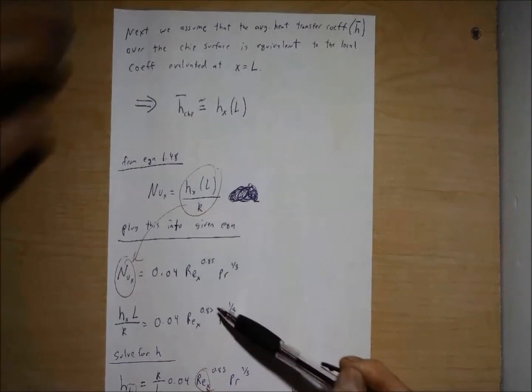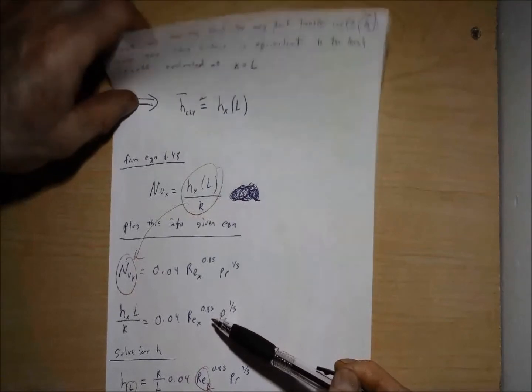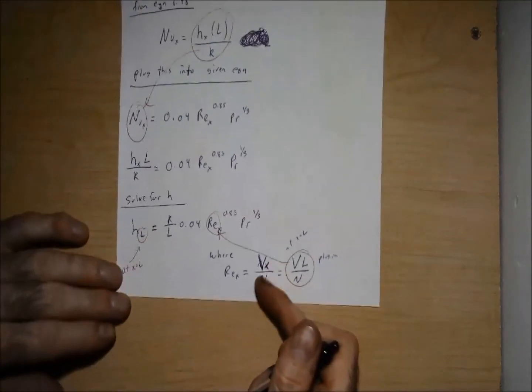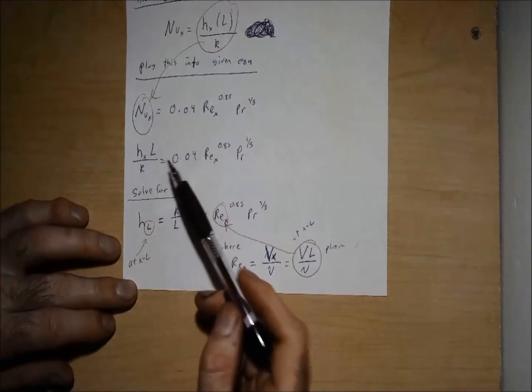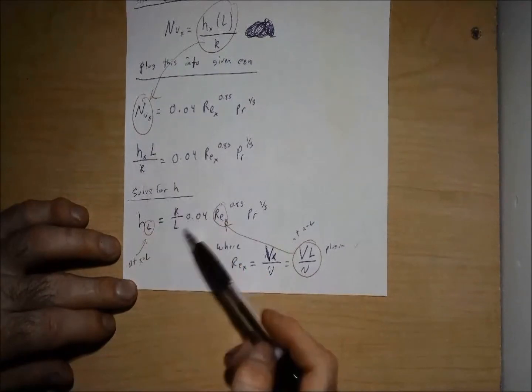With this, what we want to do now is solve for h of L. We can rearrange slightly: we pull this k over L, reverse it, and move it over to the other side.